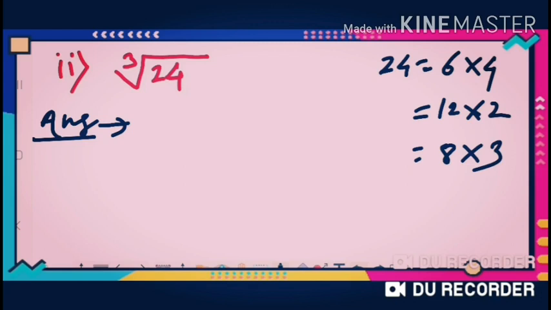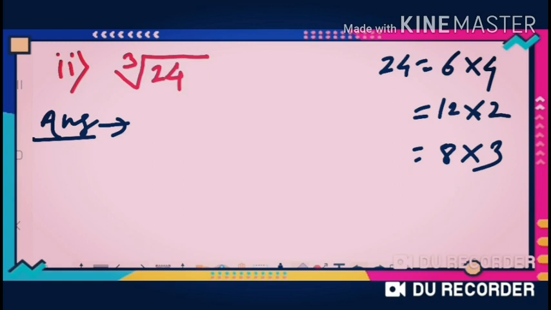Order of given surd is 3, hence select the factor in which one number is a complete cube number. If there are more than one complete cube number, then select the factor which contains the largest complete cube number.